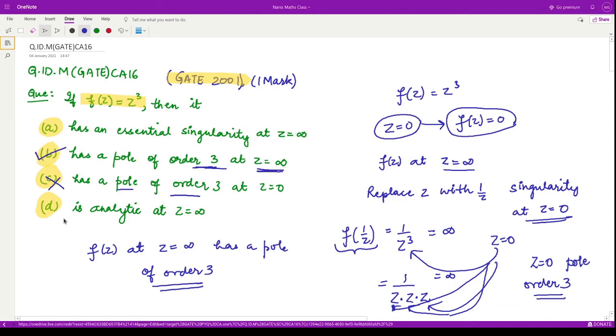Obviously we have seen that the function is not analytic at z equal to infinity. That is why we have a pole, and if we have a pole and there is no more singularity at the point z equal to infinity, therefore this option is also incorrect. So as for now, option B comes out to be the correct option.